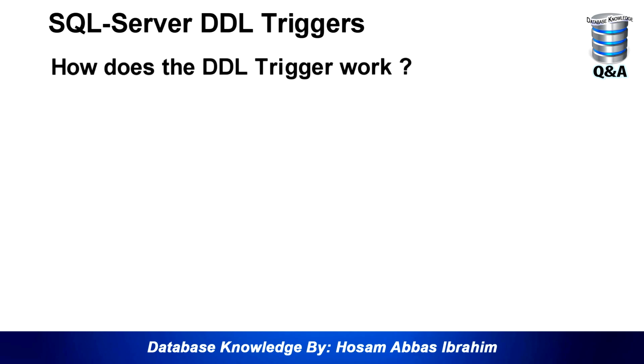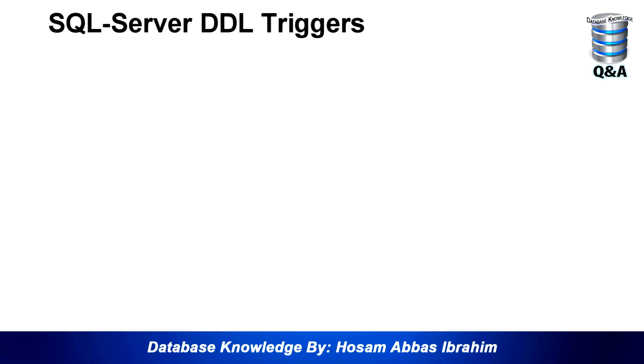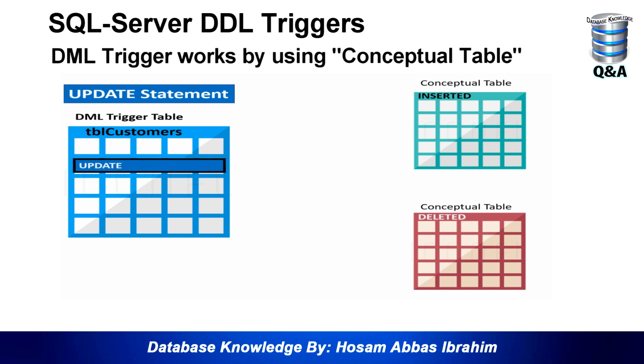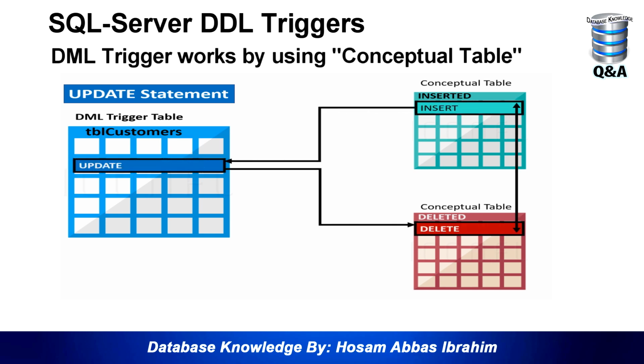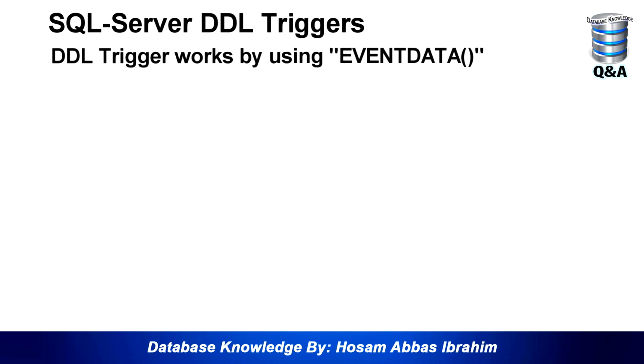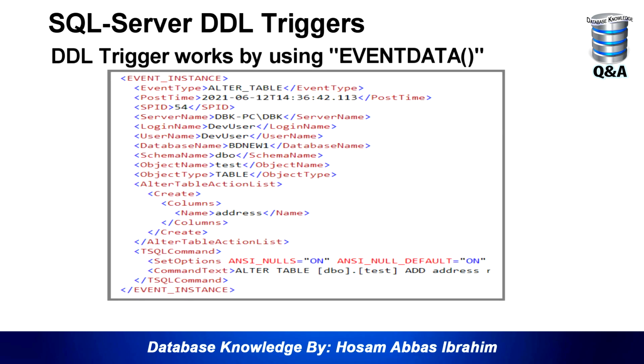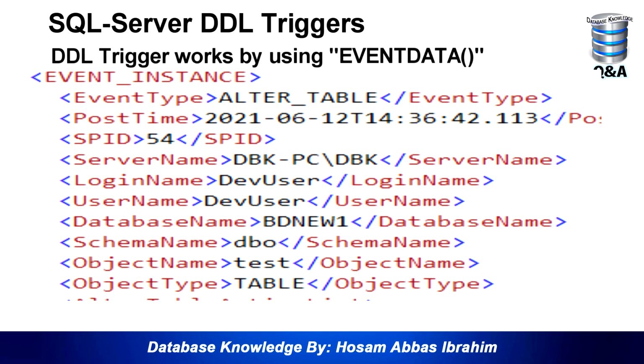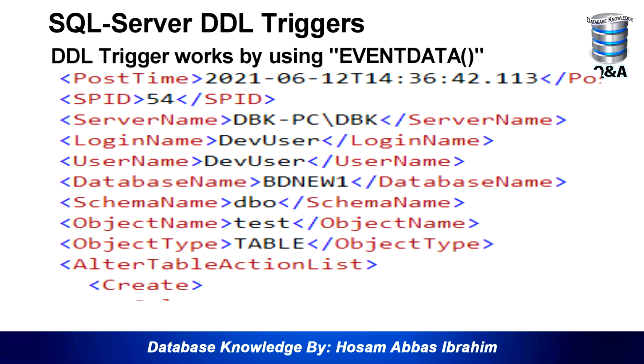So first, let us see how the DDL trigger works. In the previous video, we explained how the DML trigger works by using something called a conceptual table, which logs the transactions, and after the trigger is fired, this table is no longer there. In the DDL trigger, there is something similar called event data, which captures all the changes the user is trying to do in the database schema.